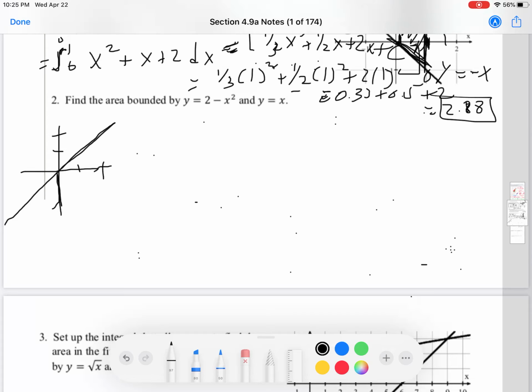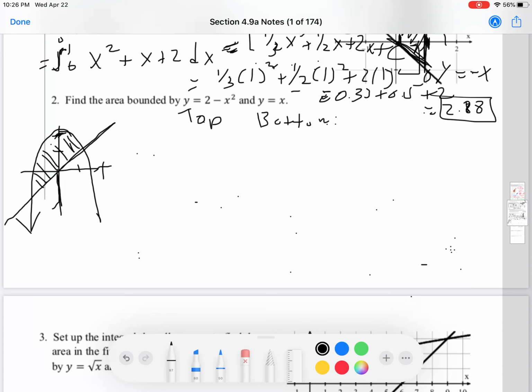Then we go to 2 minus x squared. So that's a parabola that's downward facing. It doesn't need to be the exact points. You just need to know what your top and your bottom are. So the top is the 2 minus x squared, and the bottom is y equals x.